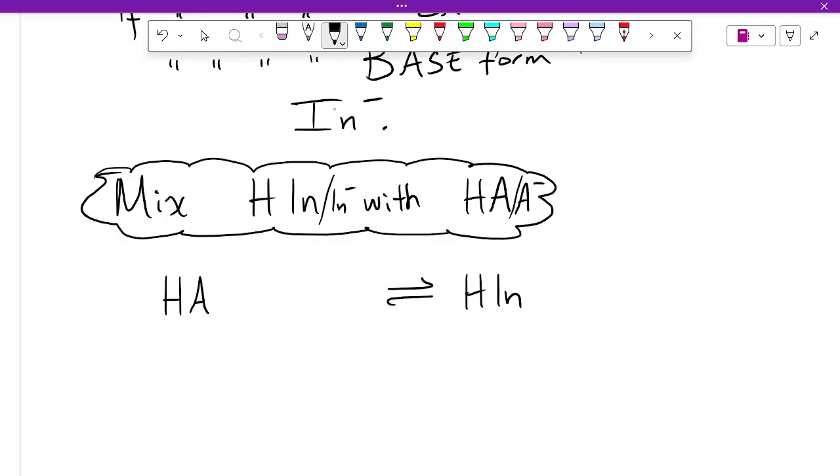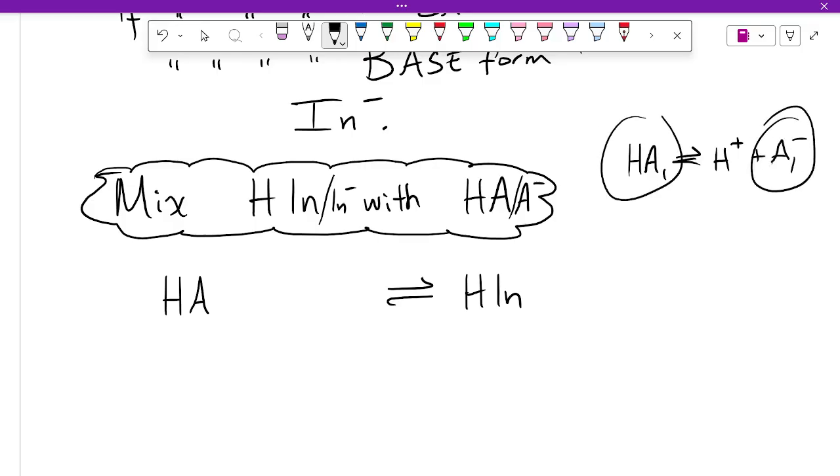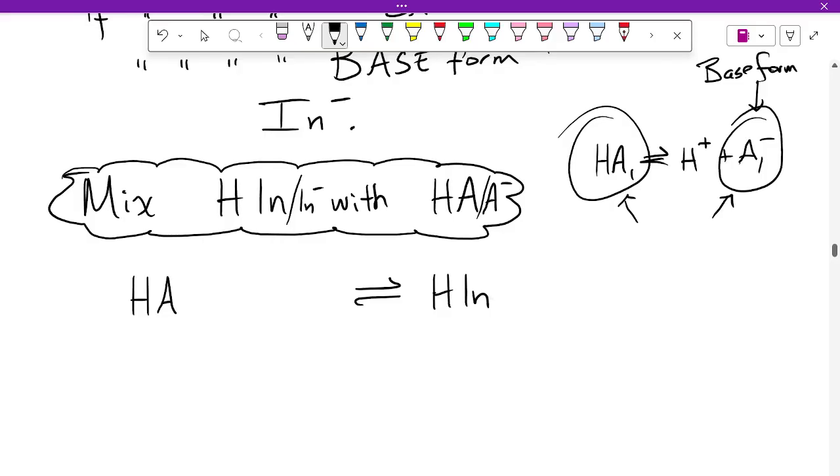Any weak acid in water, no other acid, will be present in both its base form and its acid form. There will be some of each. A minus is the base form. That's okay, I saw puzzled looks and I'm like, we need clarification, right? Don't be shy about asking, because anytime anything is confusing, it should be clarified.